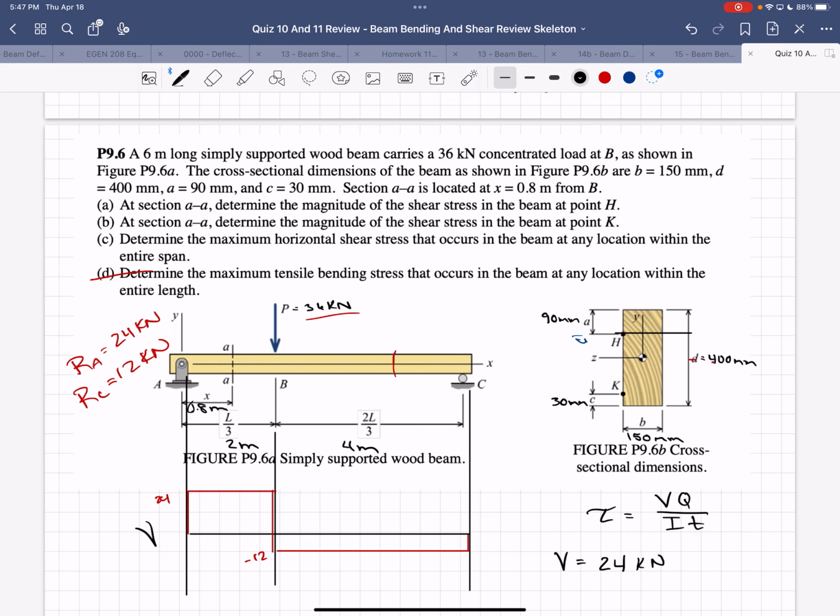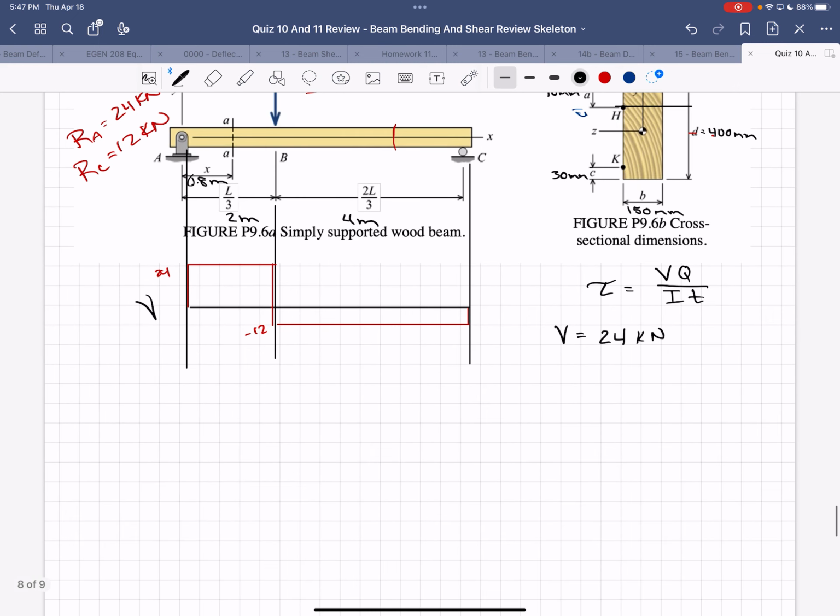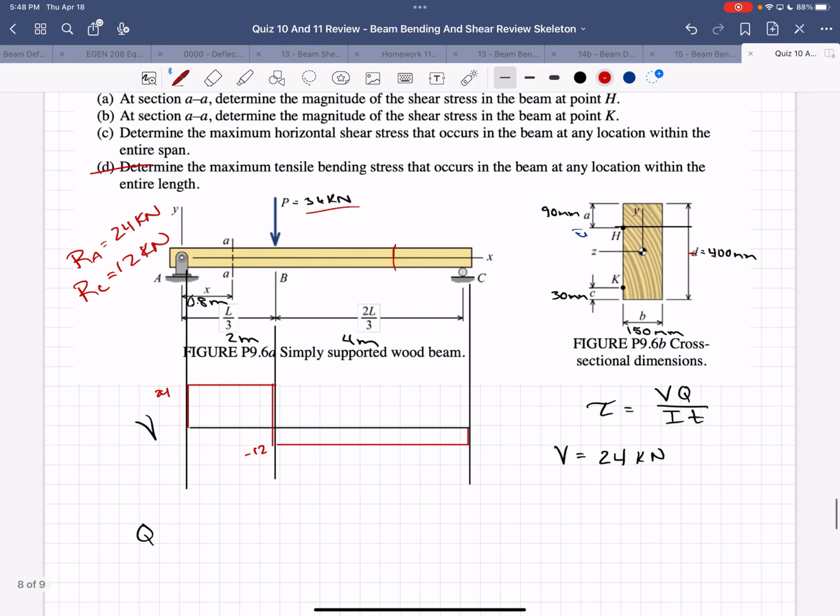Yeah, 200 minus 90 divided by 2. So Q, we go all the way from the centroid to the top. That's 200.